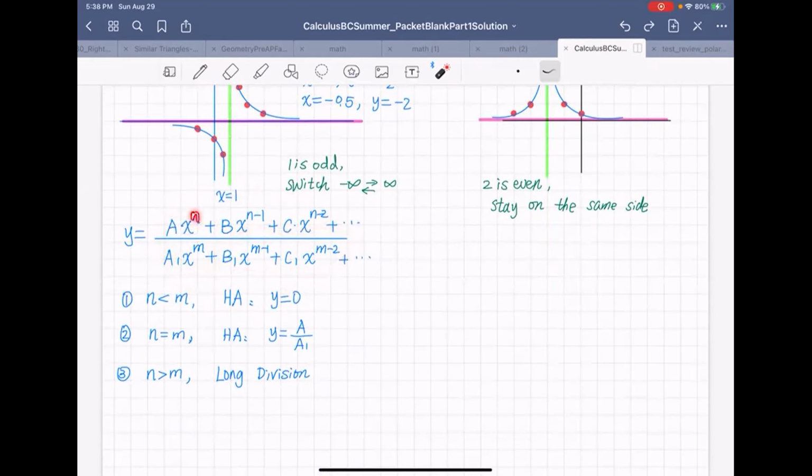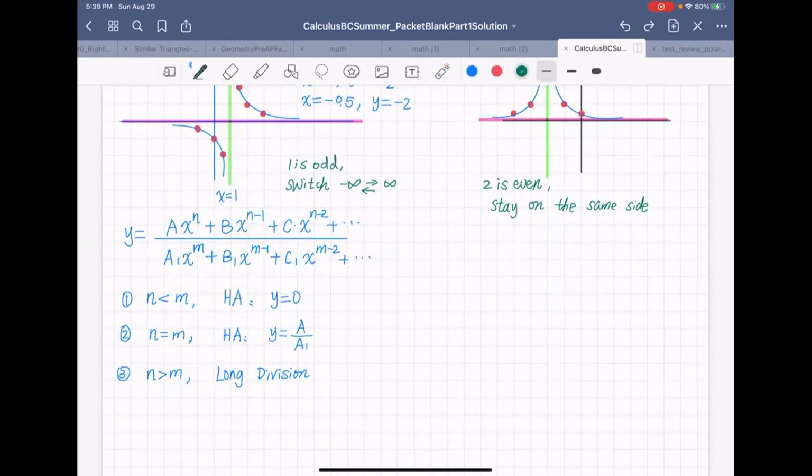When n and m are the same order, you can just say your horizontal asymptote is the ratio of the two numbers, correct? But when n is bigger than m, this is the time you do long division to find your slant asymptote.